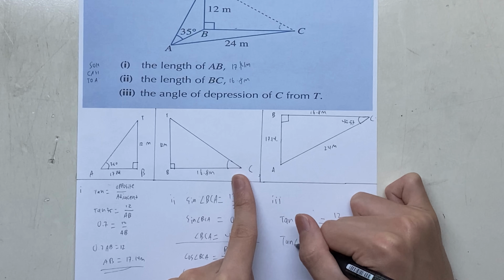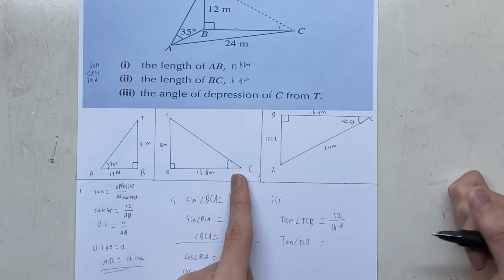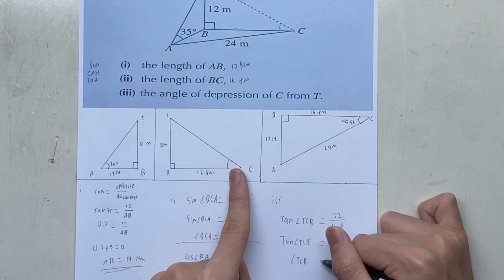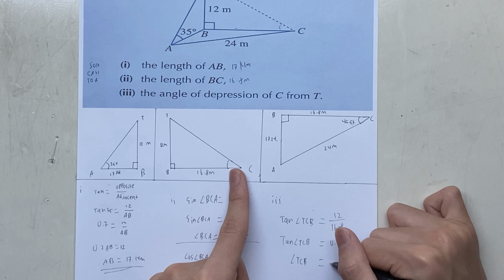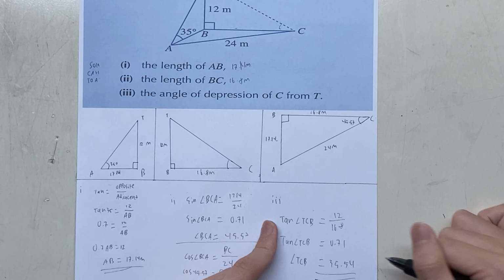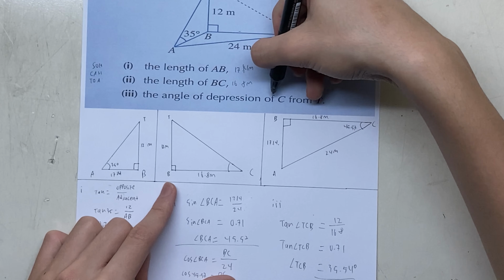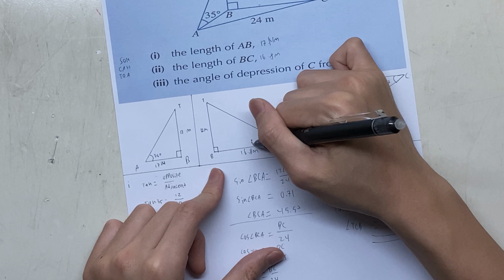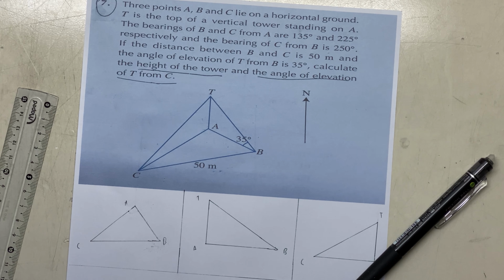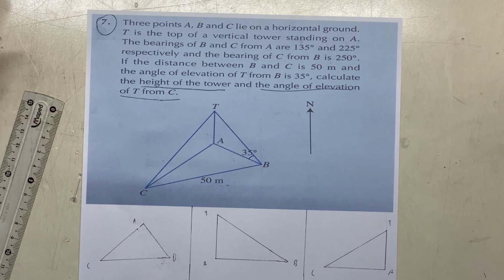Tan TCB equals 12 divided by 16.8 equals 0.71. Transpose equals 35.54 degrees. So angle TCB, or the angle of depression of C from T, equals 35.54 degrees.